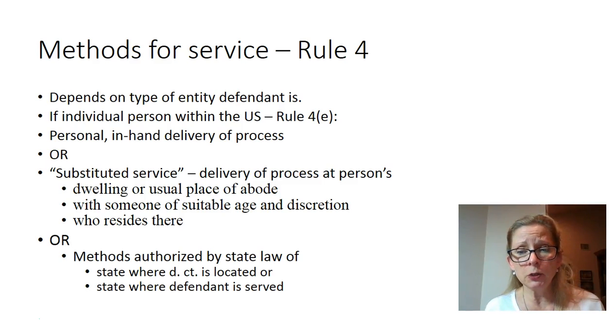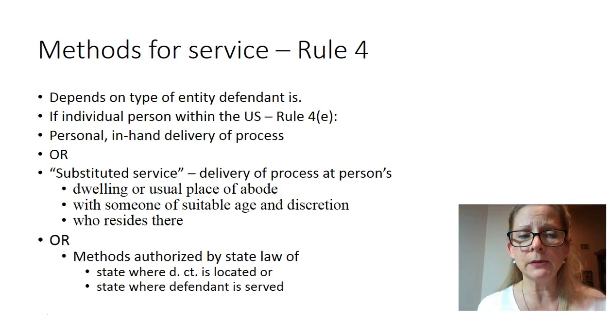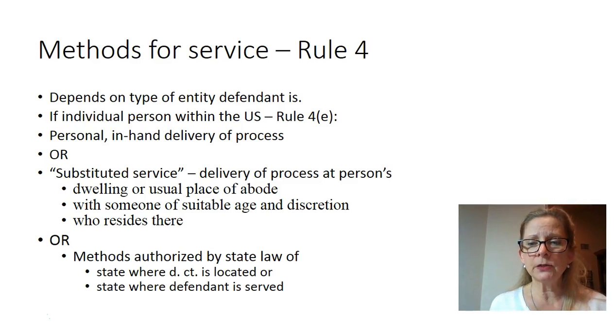In the case of an individual person, you can do what is called substituted service, which is delivery of the summons and complaint, the process, at the defendant's dwelling or usual place of abode, with someone of suitable age and discretion, and that someone has to reside at the defendant's dwelling or usual place of abode. So those three elements must all be met.